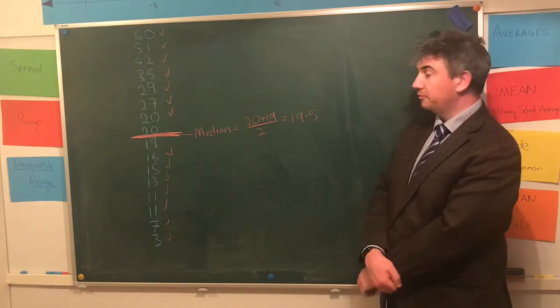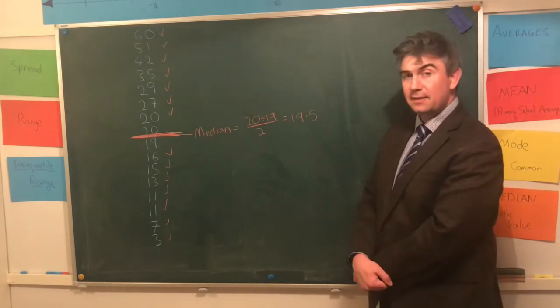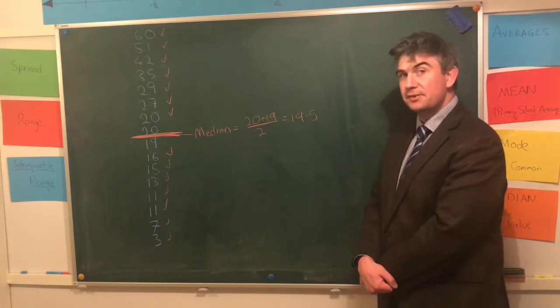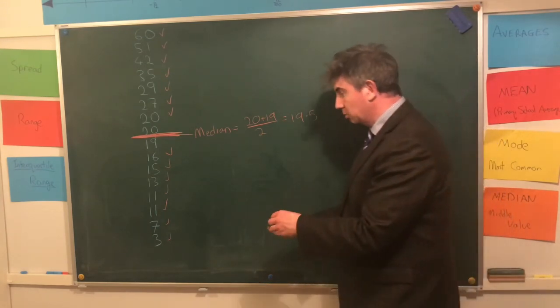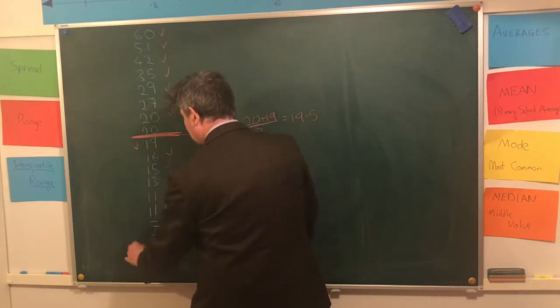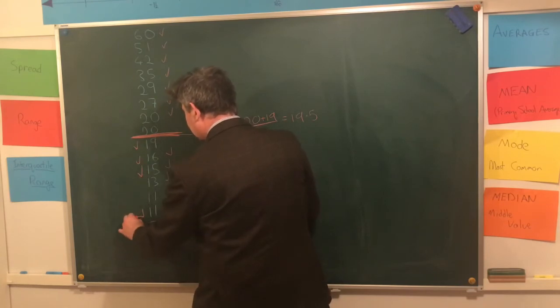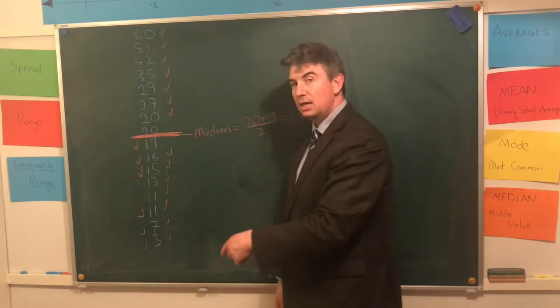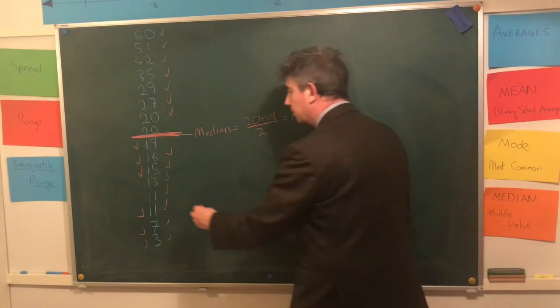So I need to know where the first quarter ends, and to get that, I'm going to half the half. So I go ticking, but I'll tick these ones off. I tick off the biggest one with the smallest, next biggest, next smallest, next biggest, next smallest. Oh, that's a 2 in the middle. If I tick any further, I'll eliminate them both.